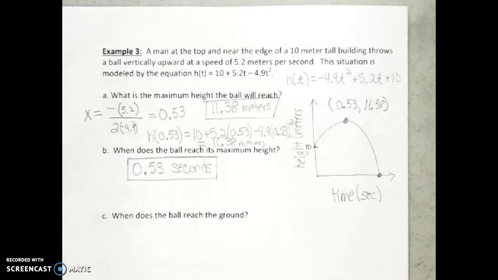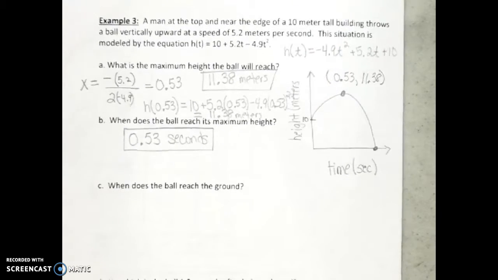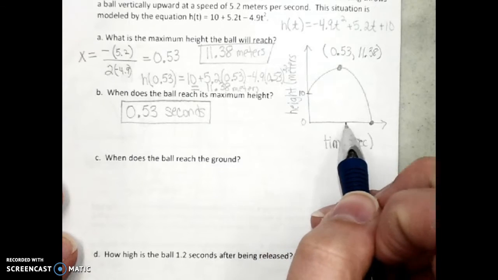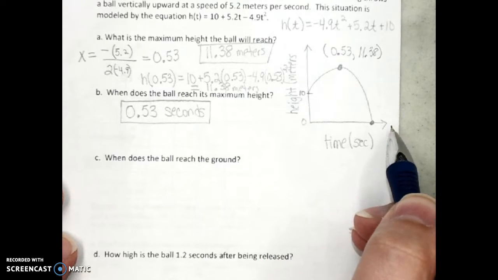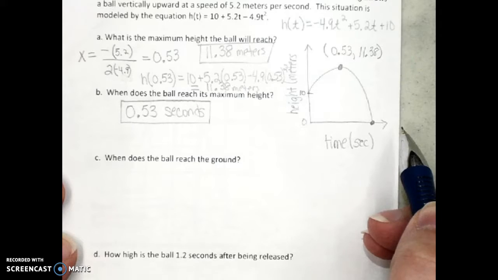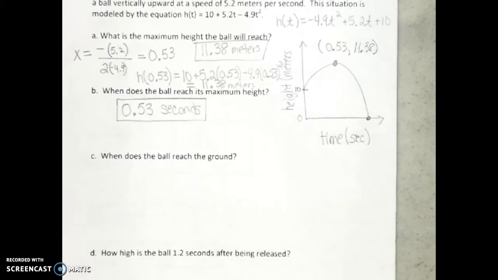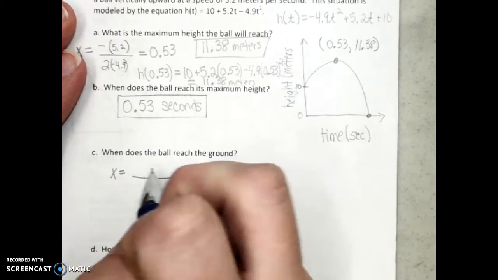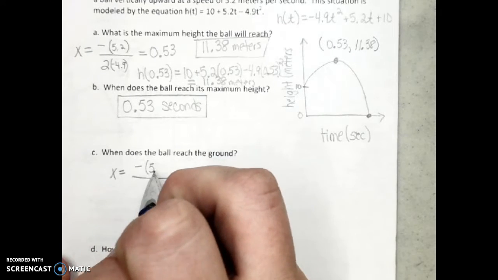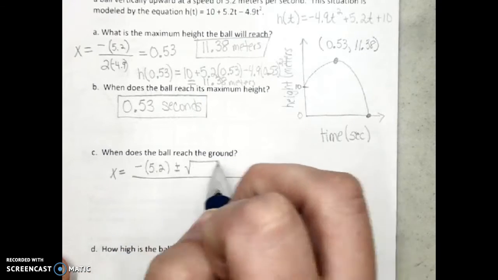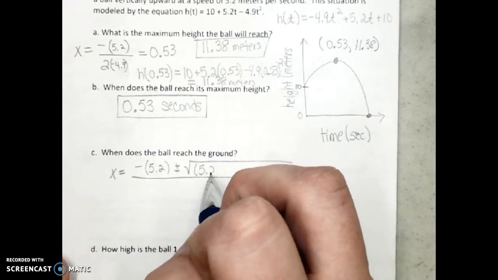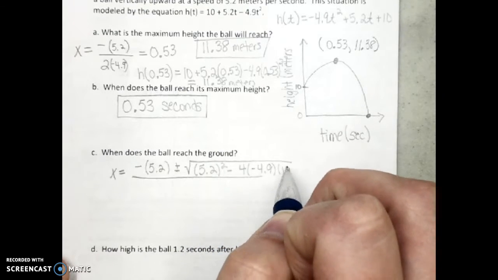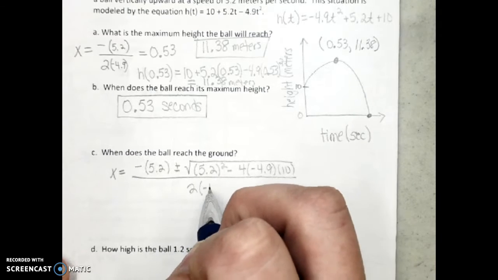C asks you, when does the ball reach the ground? The ground is 0 height. Here's 0 height. What axis is that? That's your x-axis. You need to know your x-intercept here. So I'm going to use the quadratic formula. x equals negative b plus or minus the square root of b squared minus 4ac, all over 2a.